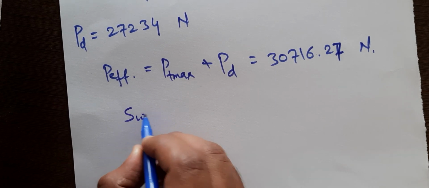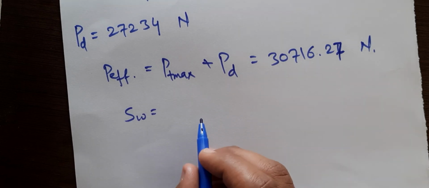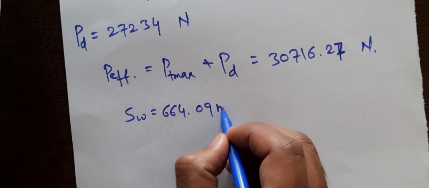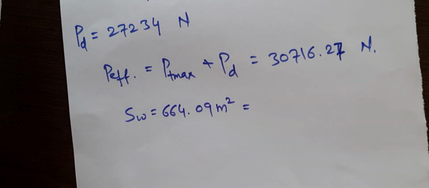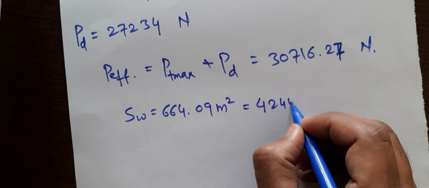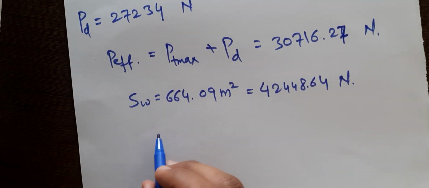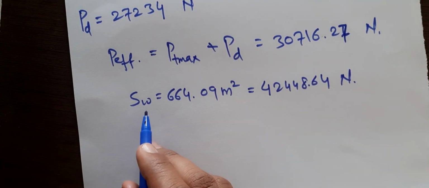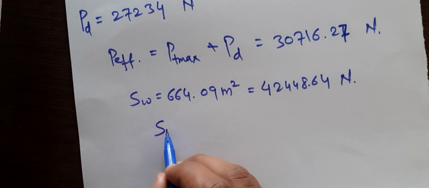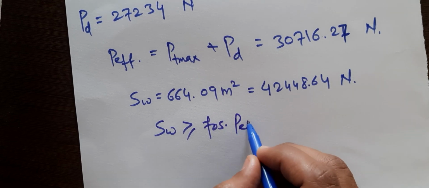Then after that SW we need to calculate. Again SW we have in terms of module. SW is 664.09 module square. If you substitute the value of module, you will get SW as 42448.64 Newton. Now we have to check whether SW is greater than or equal to factor of safety into P effective. The condition for safety is SW should be greater than or equal to factor of safety into P effective.